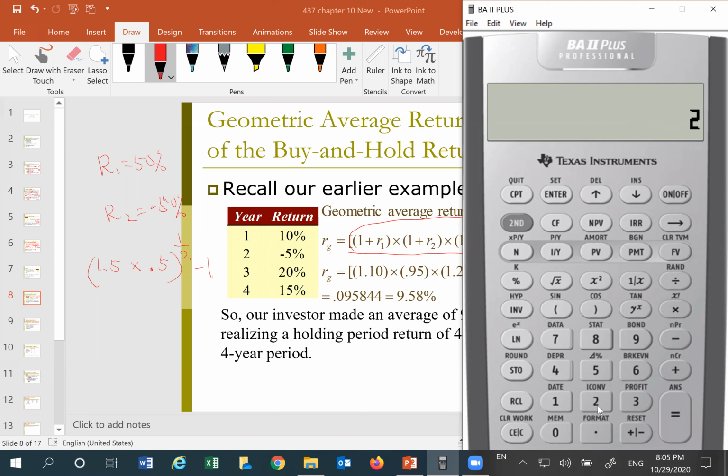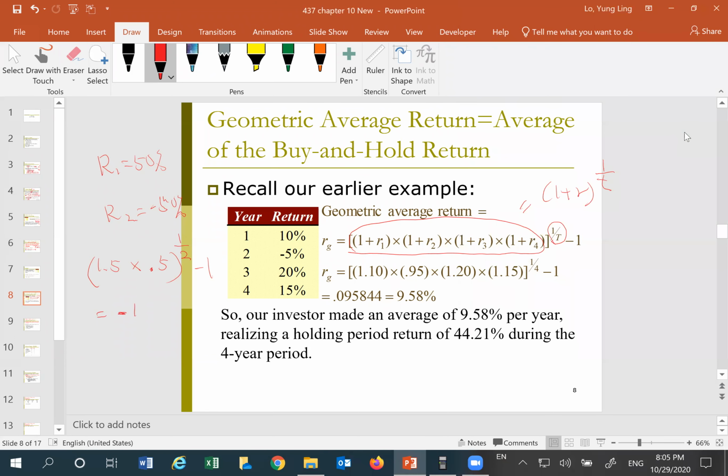I'll press 2, then inverse, which is the 1 slash x. Okay, then equals, then make sure that we still minus 1 at the end. So minus 1 here. So our geometric average return is negative 13.4%.